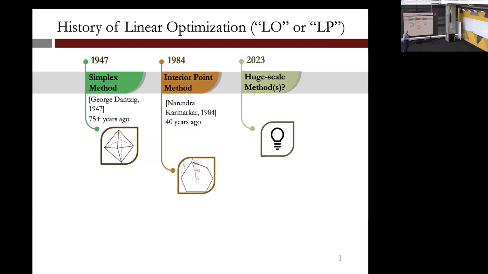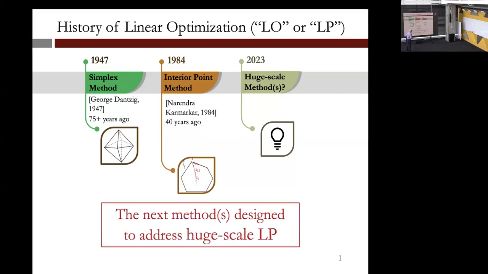And today I'm going to talk about that and their extension to conic problems as well. So I say here, the next methods designed to address huge linear programming problems, I don't know what they are, but I think they're going to be first order methods that are primal-dual in nature, that are going to look a lot like what's called PDHG, or primal-dual hybrid gradient.